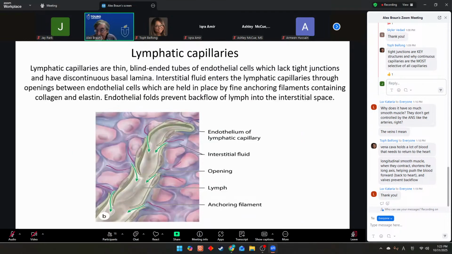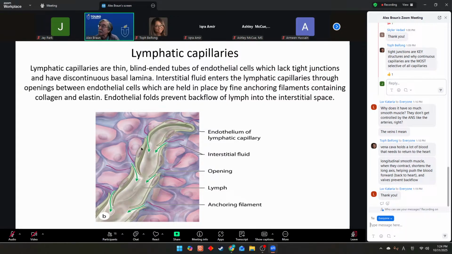Lymphatic capillaries have a special structure which helps them in their function. Lymphatic capillaries are where the flow starts within the lymphatic system. They are blind-ended. They just end blindly in tissue, and there are openings between one endothelial cell of the lymphatic capillary and the next.